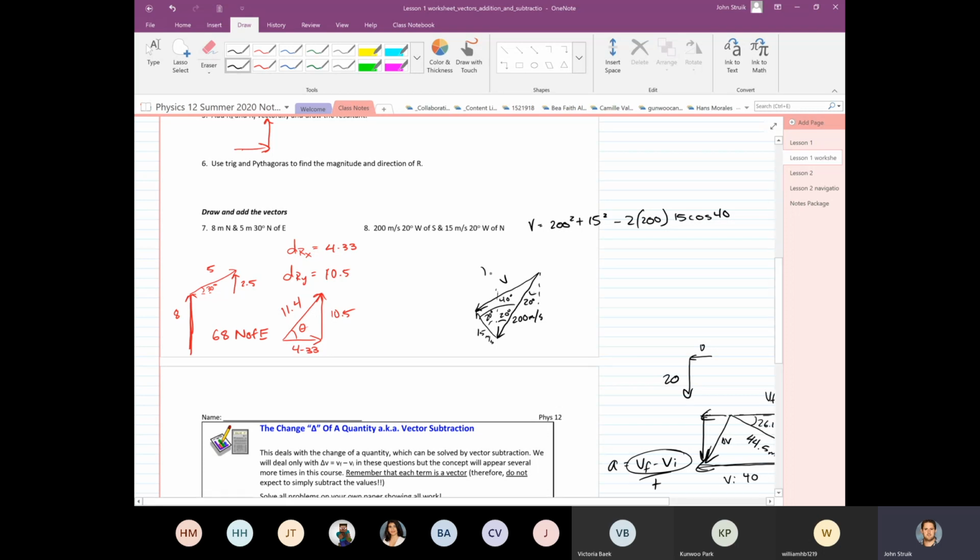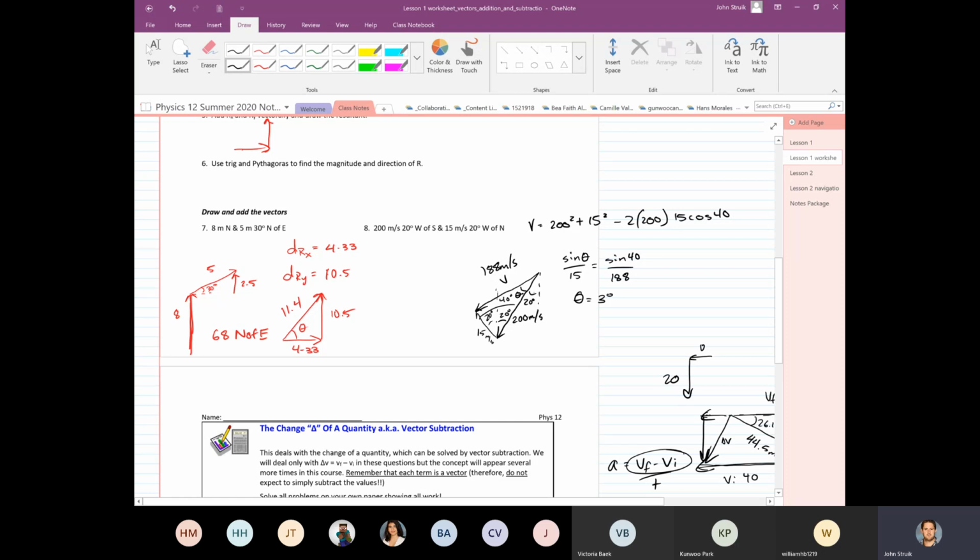So this is 188 meters per second, and then we need this angle right there. So sine theta over 15 equals sine 40 over 188. So 15 sine 40 divided by the answer, sine that. That's like 3 degrees.